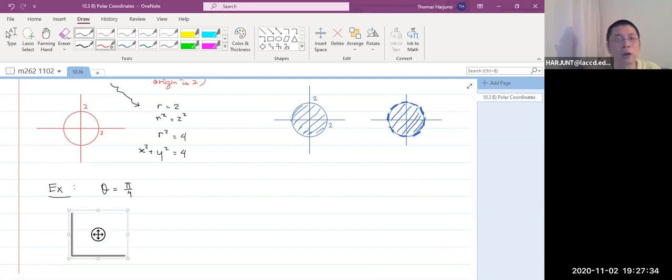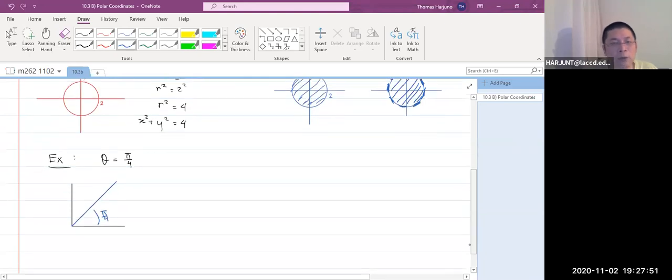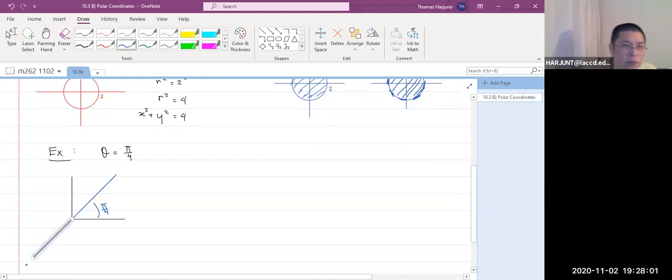Theta equals to pi over 4 represent actually a line, 45 degrees. Okay, this is pi over 4 here. But actually, that's if you assume the radius cannot be negative. But the ambiguity is the radius can be negative. Okay, the radius can be negative.